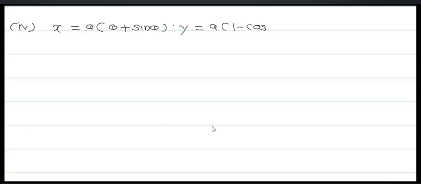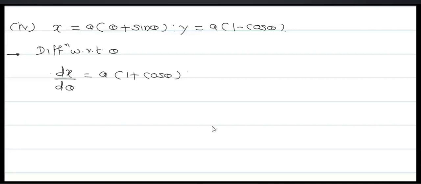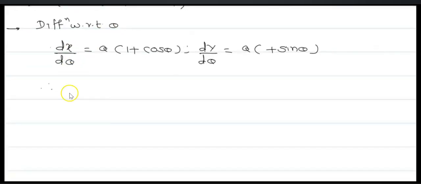Next, x is equal to a in bracket theta plus sine theta, y is equal to a in bracket 1 minus cos theta. Now differentiate this with respect to theta. dx upon d theta is equal to a in bracket 1 plus cos theta, dy upon d theta is a in bracket sine theta.